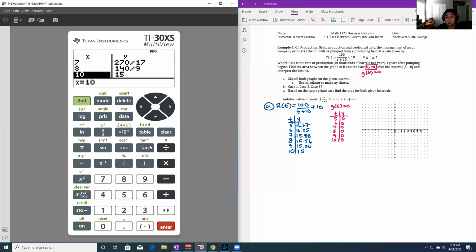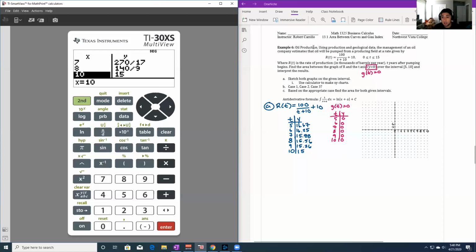So let's go by threes. Yeah, we can go by threes. Why not? It doesn't have to be perfect. Okay. So 3, 6, 9, 12, 15, 18.